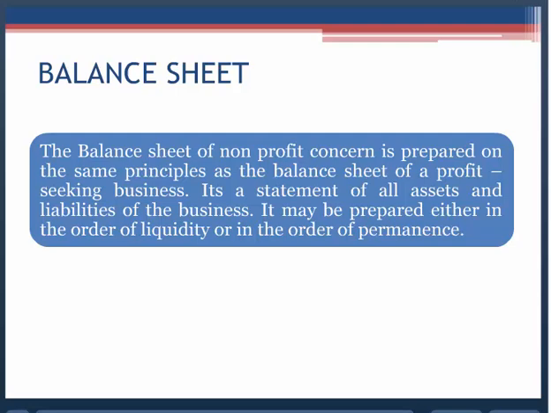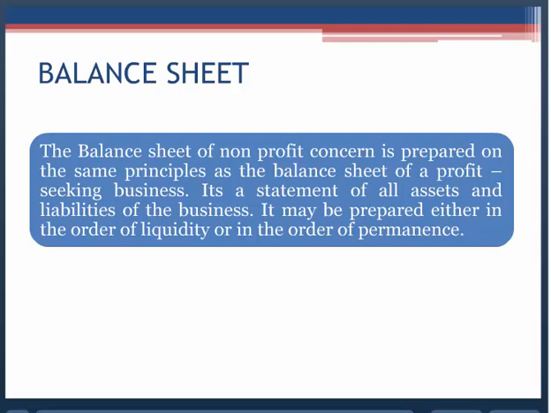The last financial statement is the balance sheet. Now, nothing new about the balance sheet for a non-profit organization. It's prepared on exactly the same fundamentals as it is prepared for any profit-seeking business. The screen says the balance sheet of a non-profit concern is prepared on the same principles as the balance sheet of a profit-seeking one. It's a statement of all the assets and liabilities of the business.